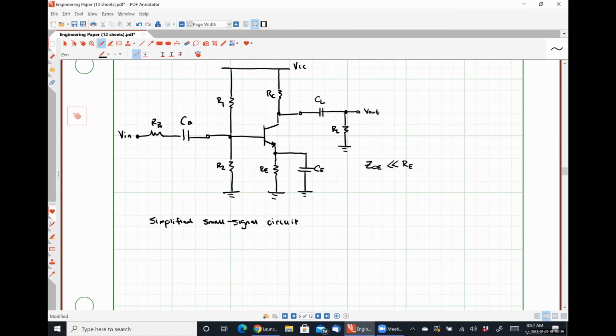All right, so for our small signal circuit, we are going to consider all of our capacitors as short circuits. We are going to assume that we've chosen them large enough so that at our frequency of interest, they represent close to zero impedance, okay?